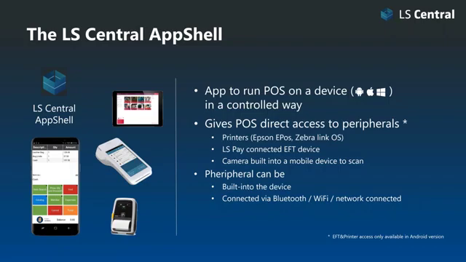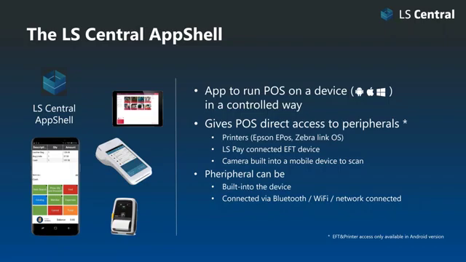And in the Android version of the LS Central App Shell, the web POS can have access to resources on the mobile device. That can be a printer or a payment device. Now, we are seeing a lot more devices on the market that have built-in features like this, like printing and payment.